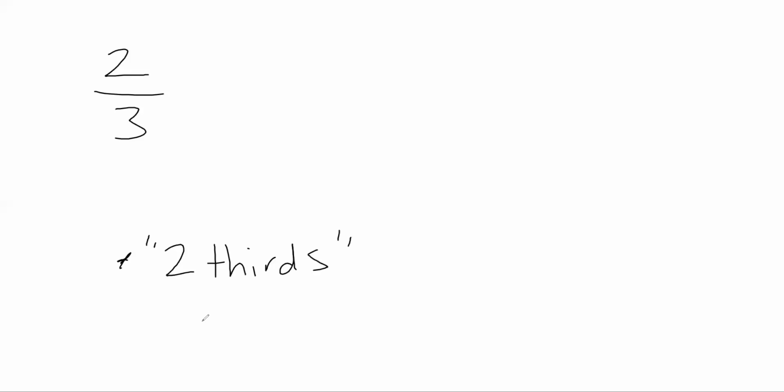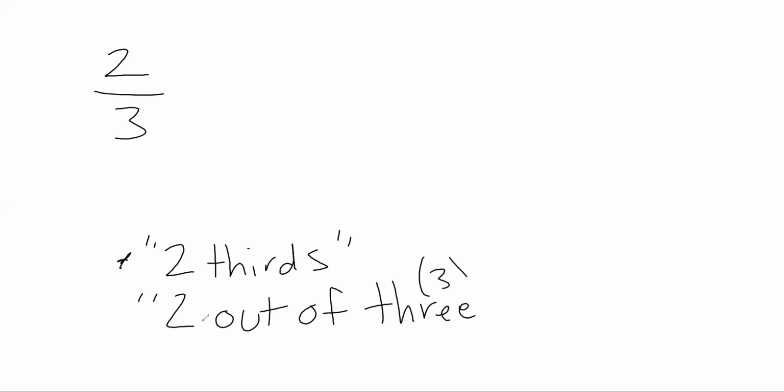We're just going to make one up here. Why don't I take 2/3, right? If you remember reading and writing this, this says 2/3, or it could say 2 out of 3.